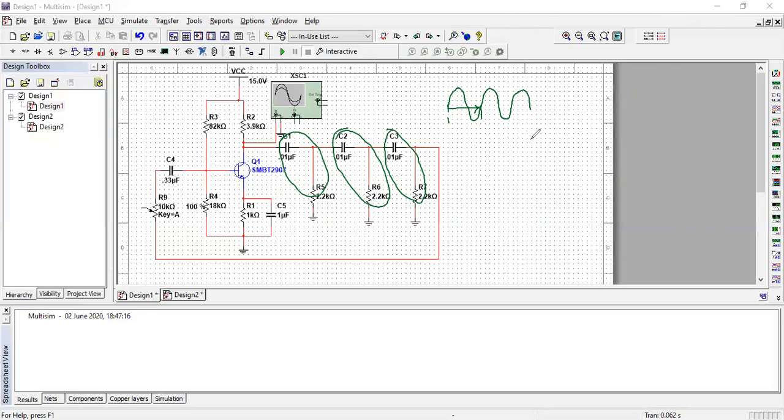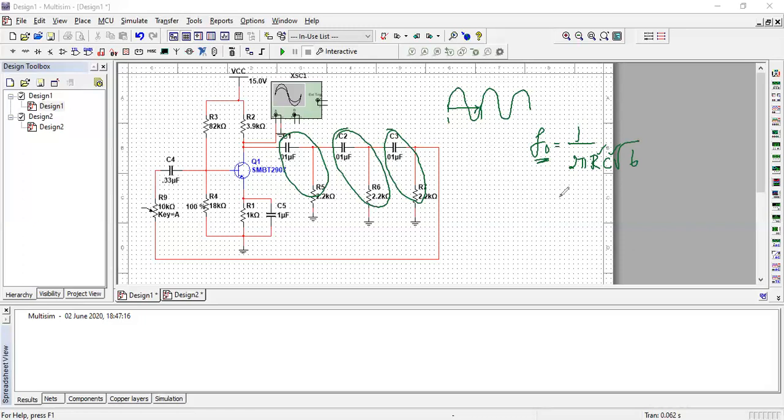So the formula for this RC phase shift oscillator, we have already discussed. We derived this: f0 equals 1 by 2 pi RC root 6. This feedback network R and C plays a major role in setting the frequency.